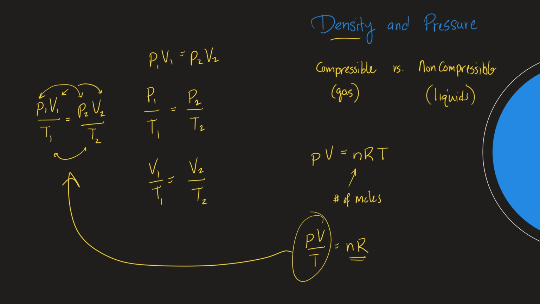That's how they're equal. But if the number of moles of your gas doesn't change, I mean, if you trap a gas in a container and you don't change how many molecules are in there, right? Number of moles is just the number of molecules. Remember, a mole is an Avogadro number of molecules. So if you know how many molecules there are, these can change all the time, but it never changes how much gas is actually there, right?